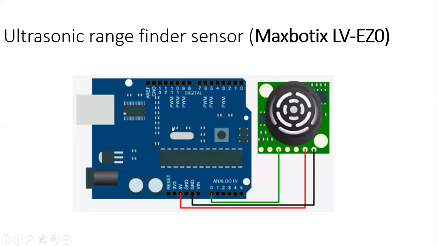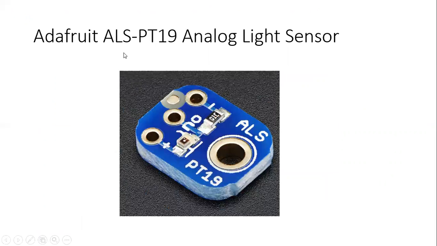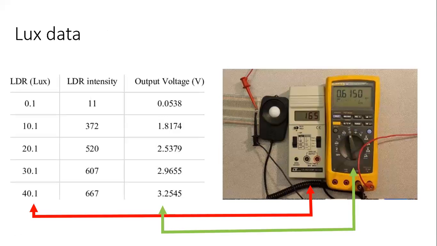Now this is an ultrasonic sensor, used to find the distance to an object. This is an analog sensor, the Adafruit ALS-PT19 analog light sensor. These are a few examples I'm showing here. There are still many different types of analog sensors on the market.